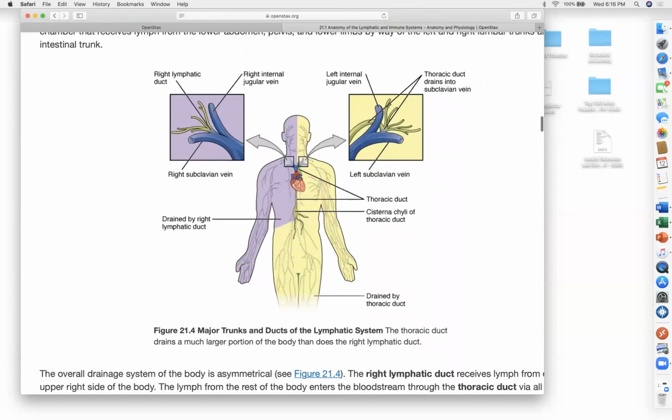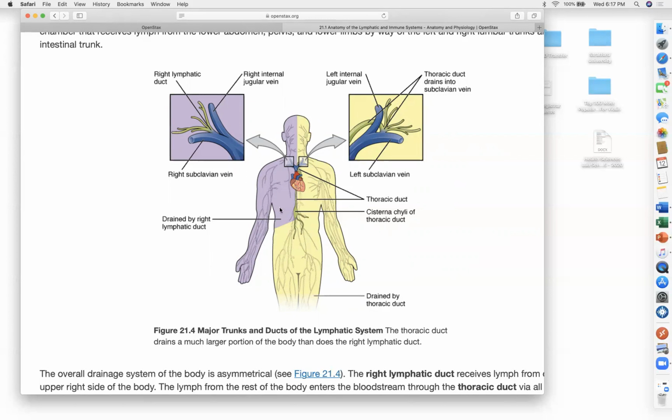Okay? And there are just these major trunks of the system. And then we also have major storage areas for lymph tissue and lymph fluid. One of those places is your thoracic duct and your cisterna chyli, which is over here. And it makes sense because if you recall, in Anatomy and Physiology 1, when we dissected the pig, didn't it have a lot of arteries and veins here in the peritoneum?